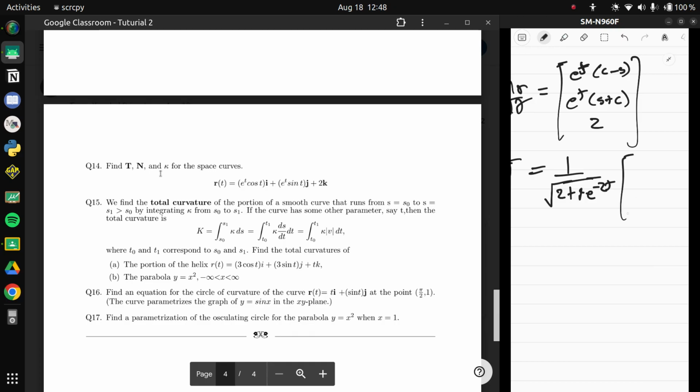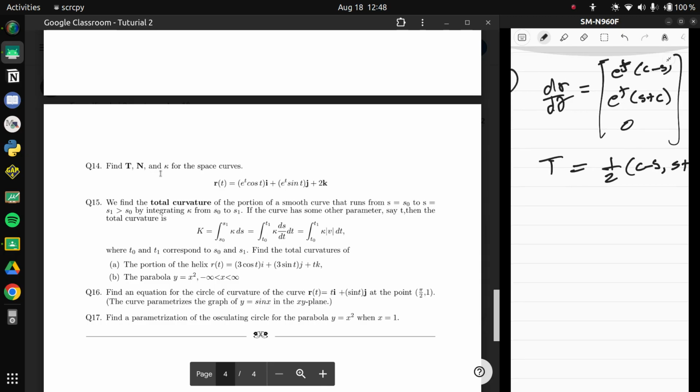And then this is just cosine minus sine, sine plus cosine, and then 2e power negative t. Wait, did I mess up? Oh, I did mess up. I thought it was 2t over there, but no, it's actually just that. So you don't have to do all of this. It's just this 1 by 2, then cosine minus sine, sine plus cosine, and the k component is not there, so I'm not writing that, but you should technically be writing that.